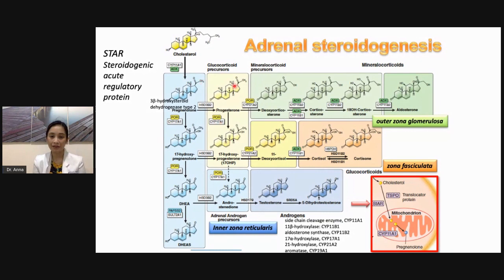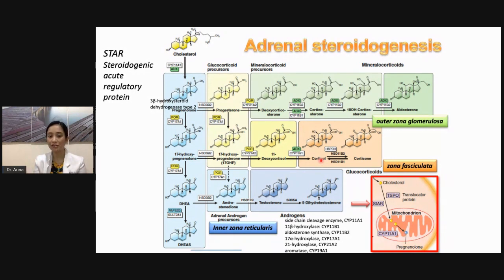Next, your progesterone, if it is produced in your zona fasciculata, will be acted upon by this enzyme to become your 17-hydroxyprogesterone, to your 11-deoxycortisol, and then eventually to your cortisol, and your cortisol is your major glucocorticoid hormone.